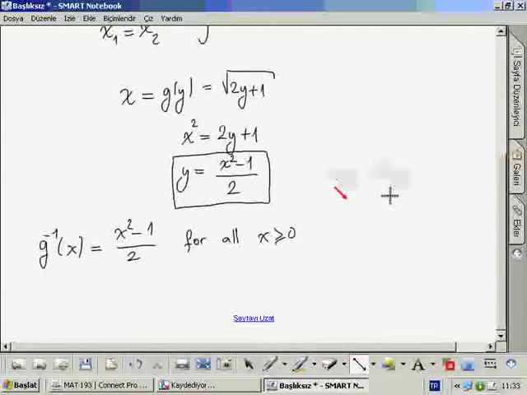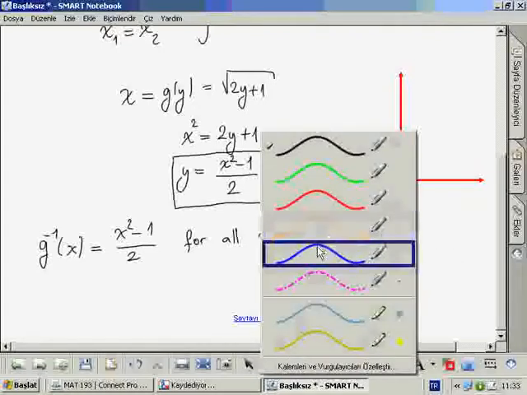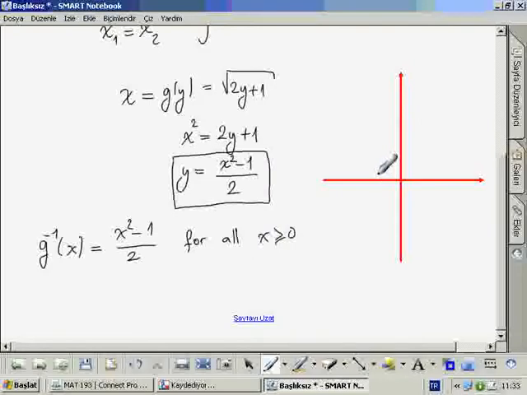And when you sketch the g of x function, the g of x function will be like that.